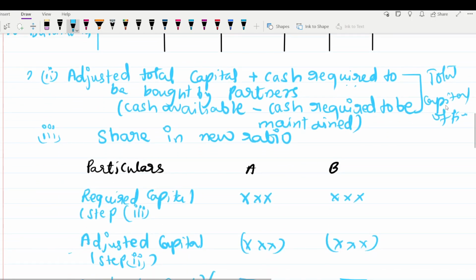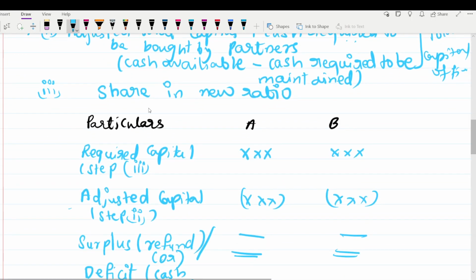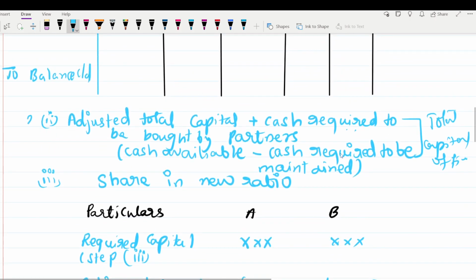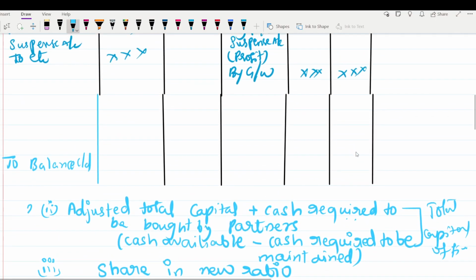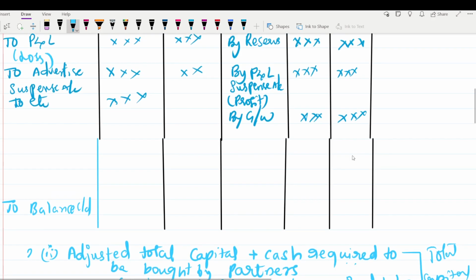That balance, from the new ratio you have changed, whatever capital you have distributed, that capital you are going to take here. Then the adjusted capital, which you will find in step number 1, this capital here.